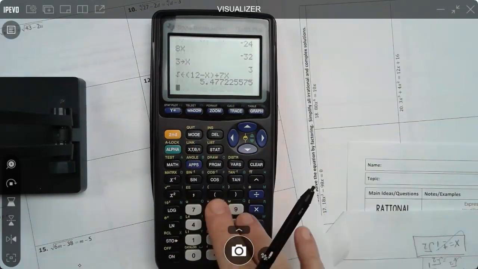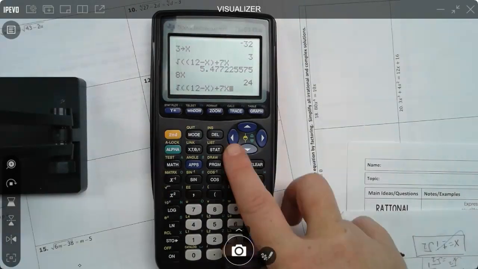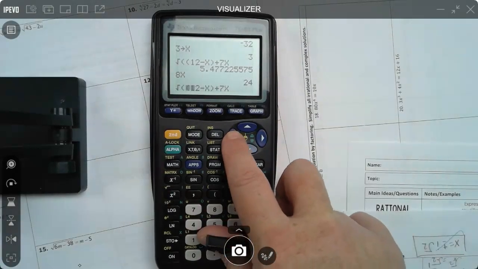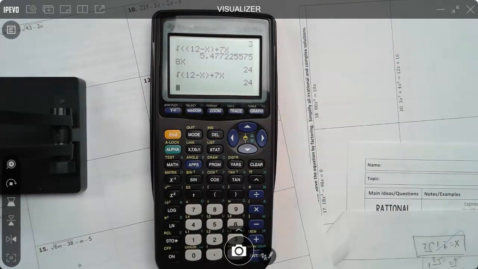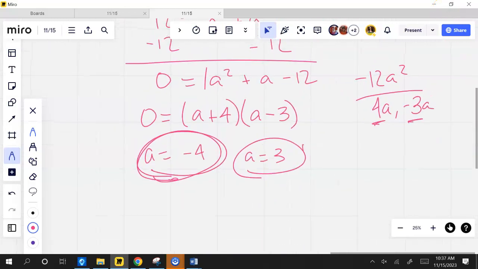And then right side, 8x. I got too many parentheses here. They're the same. So what does that tell me? Right, that's good. This is the solution. This one is extraneous.